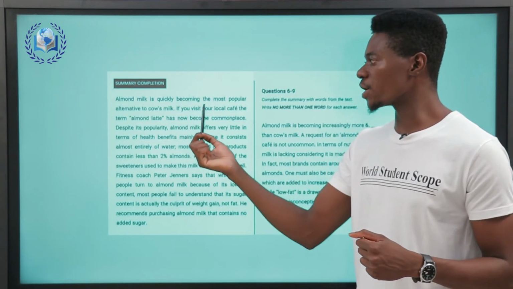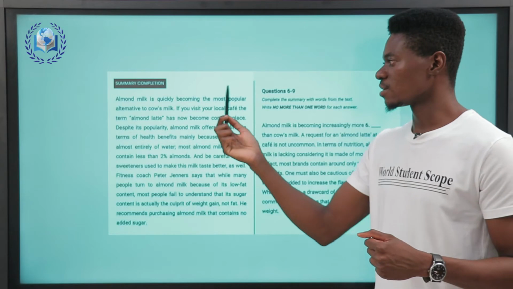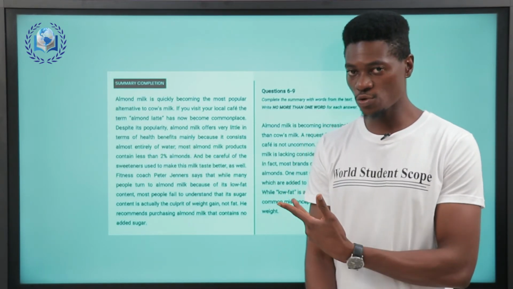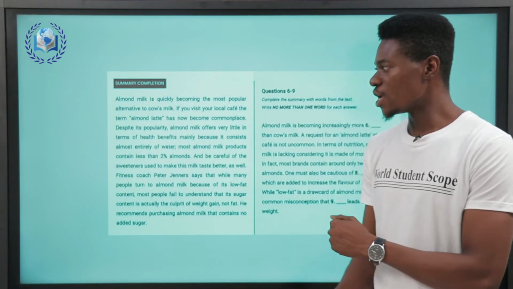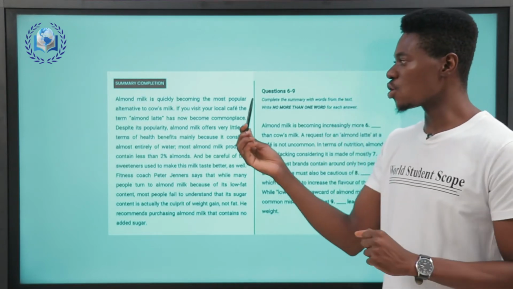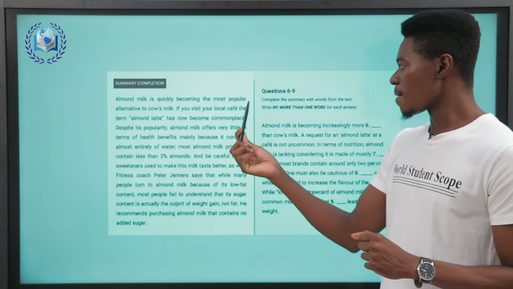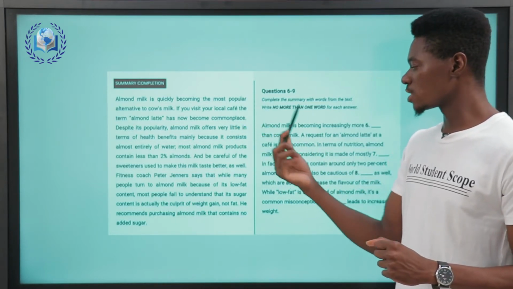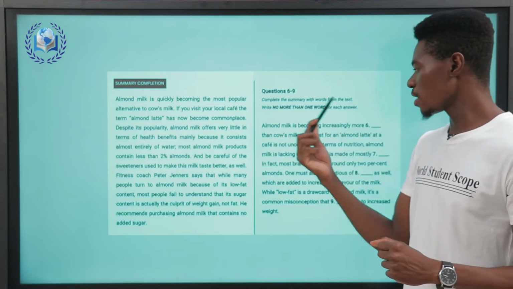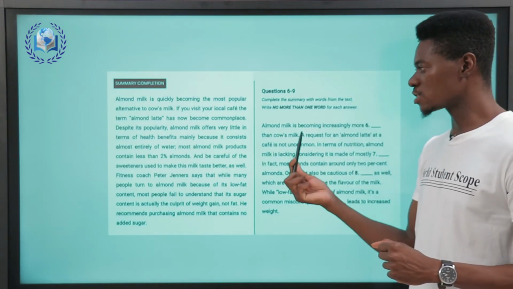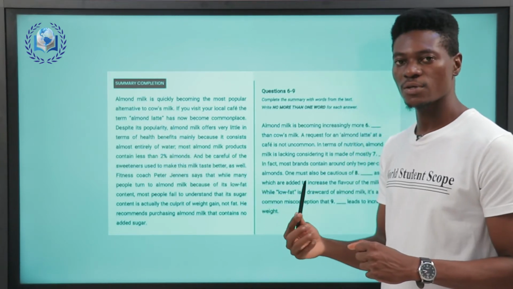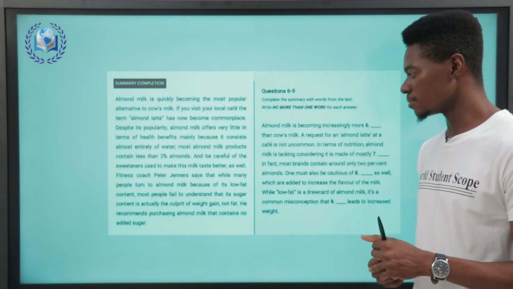Almond milk is quickly becoming the dash alternative to cow's milk. You can try to solve this one. Then, if we take a look, we can know our answer is more popular. More popular than cow's milk, alternative to cow's milk. Very simple in that way.